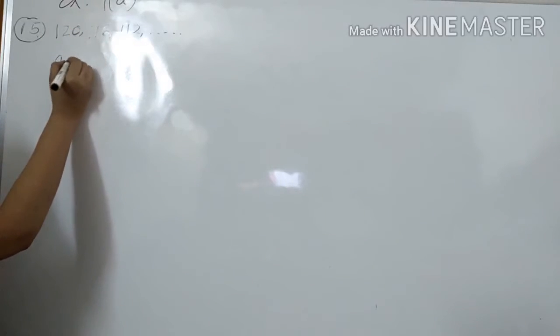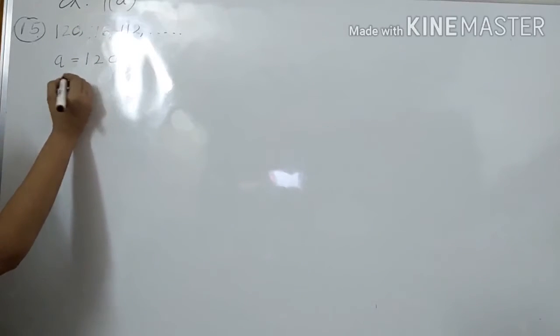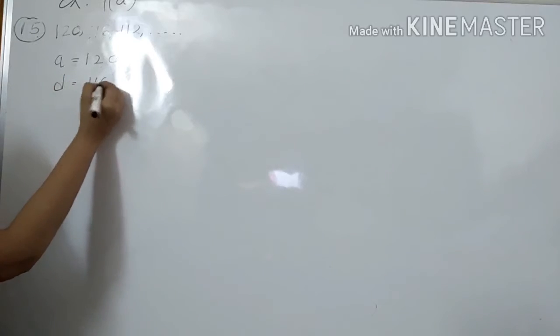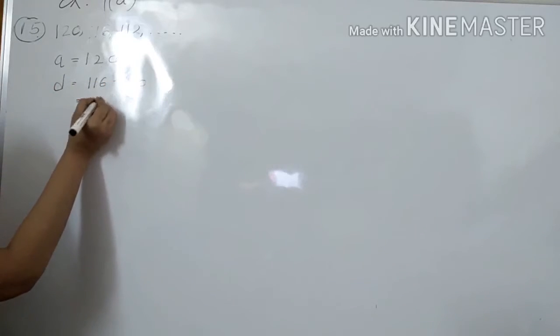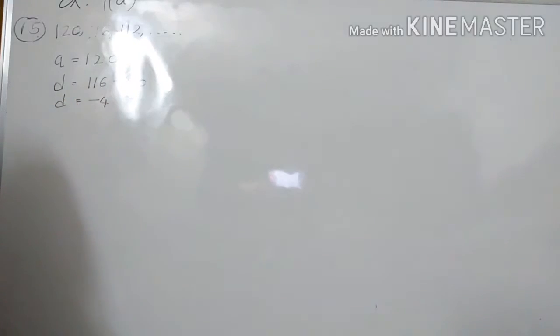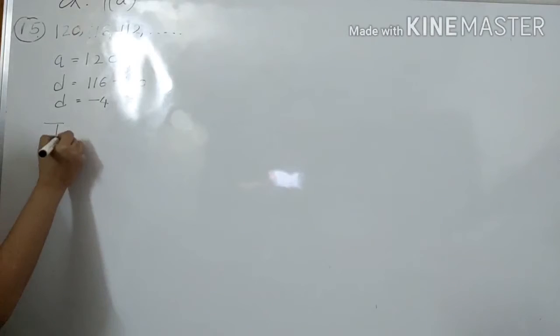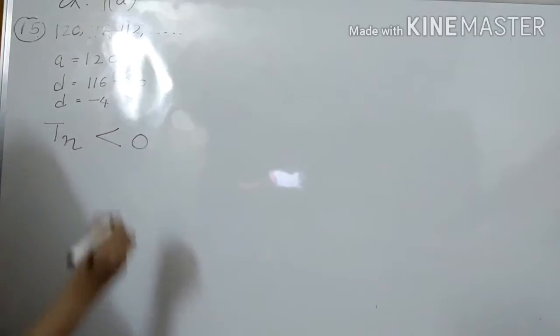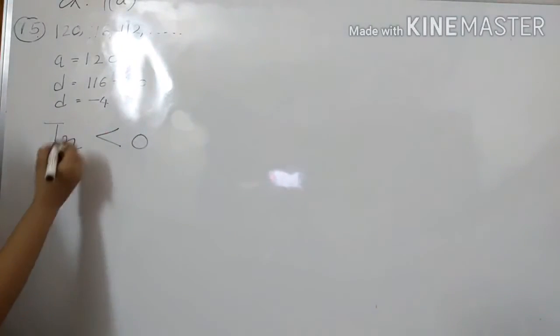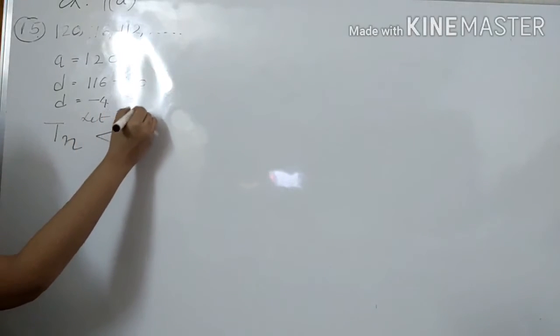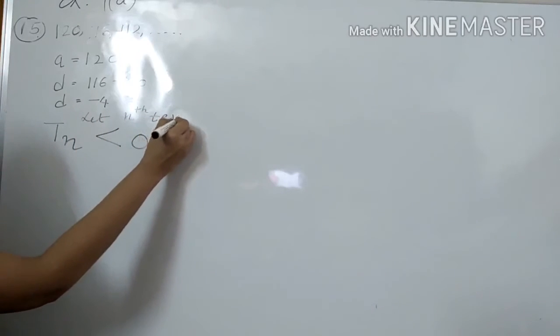From this we can write first term is 120 and common difference is second term minus first term, that is minus 4. So we write here two things, first term and common difference. Now what do you want to find in the question? Which is the first negative term? It means which term is less than 0. Negative term means less than 0. So it means Tn should be less than 0. So first of all we write, let the nth term be negative.